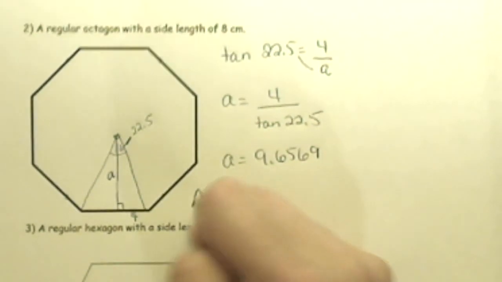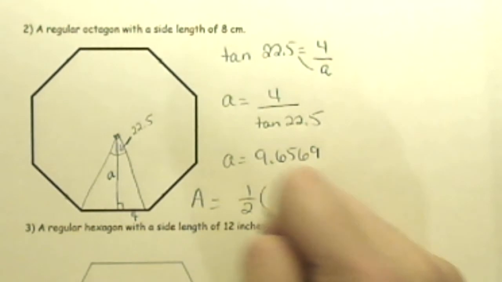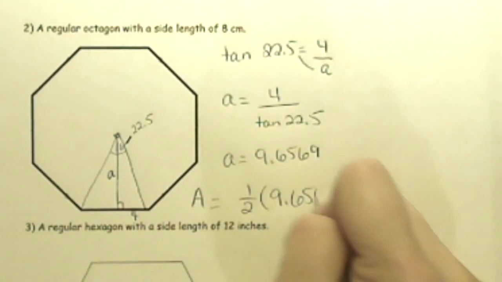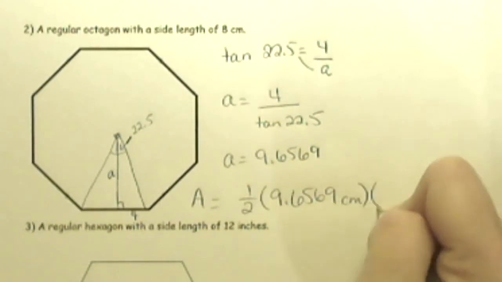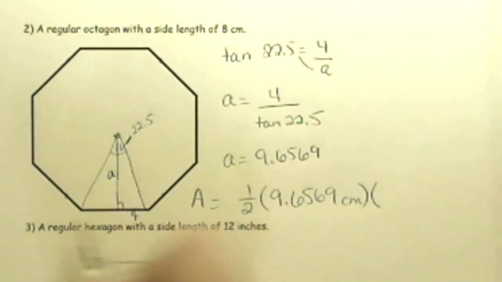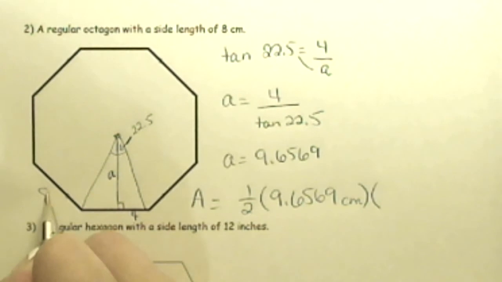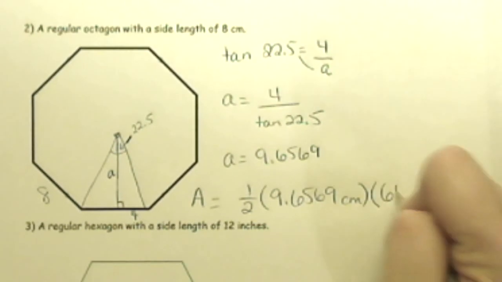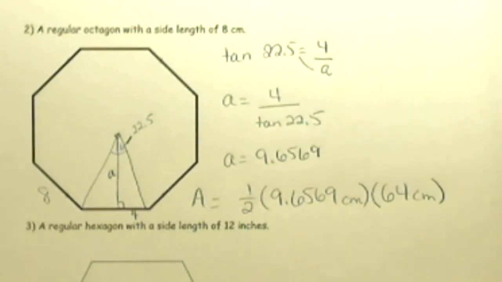I am now ready to get my area: 1/2 times 9.6569 centimeters, times the perimeter, which is, each side is 8, there's 8 sides, how original is that, 64.